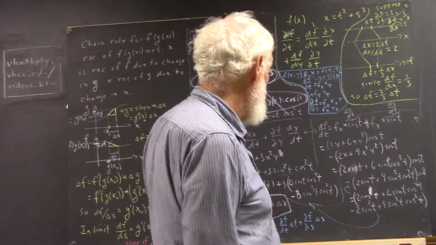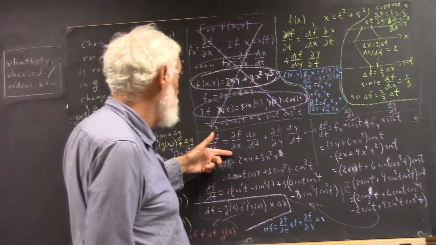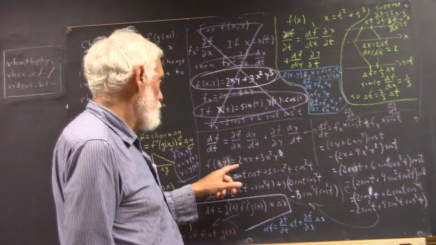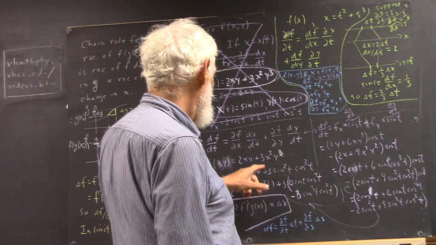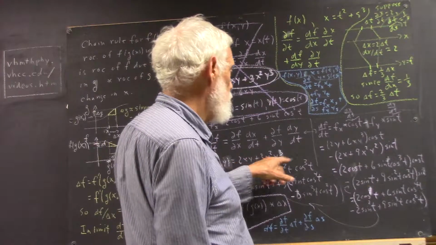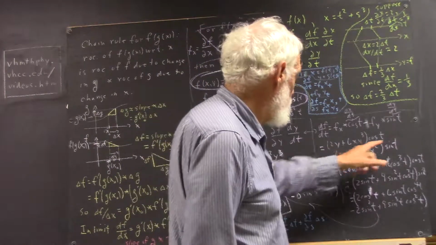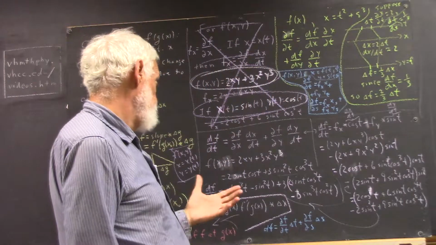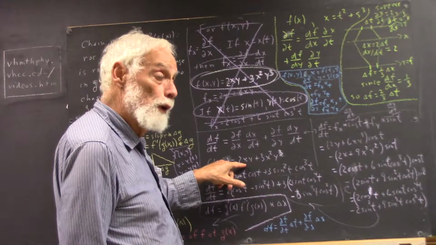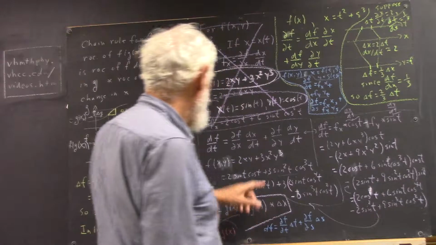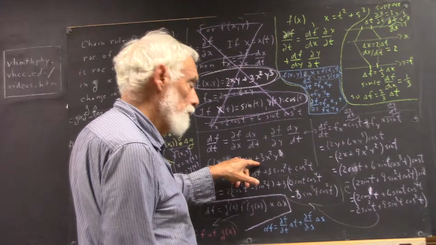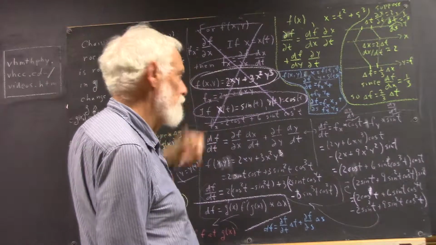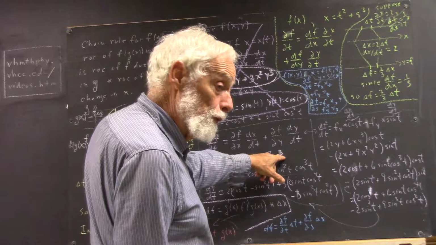Okay. Then our partial f with respect to x is easily calculated. If this is our x function, then we're going to get a 2y here, there it is, and we're going to get 6xy cubed here, and there it is. And that's going to be multiplied by cosine of t. And then our fy is 2x, there's our 2x, and 3 times 3y squared, wait a minute, fy is 3y squared, right?